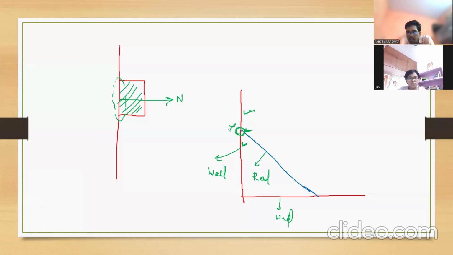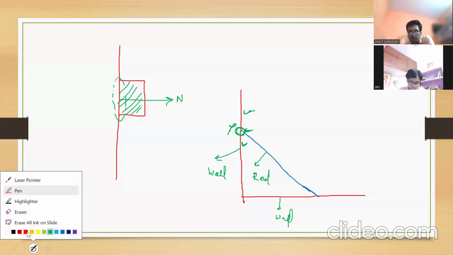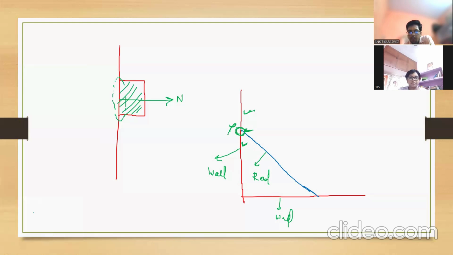Then in this case, normal will be perpendicular to the surface which will dominate, which is having more surface. It will be perpendicular like this. This is a normal.